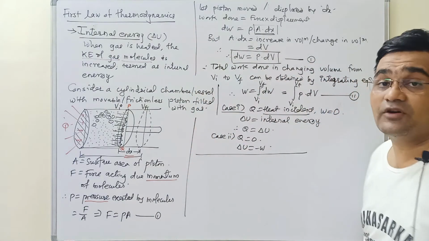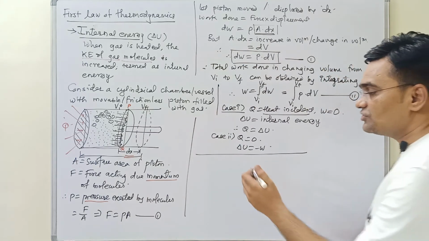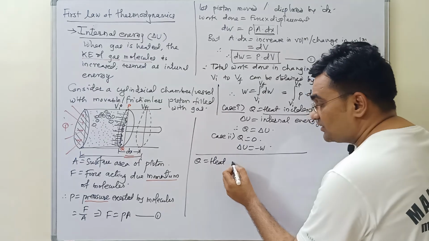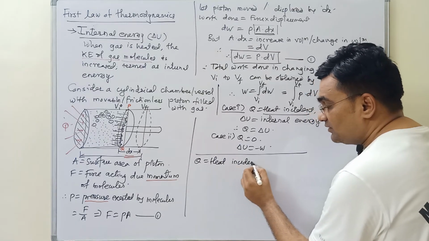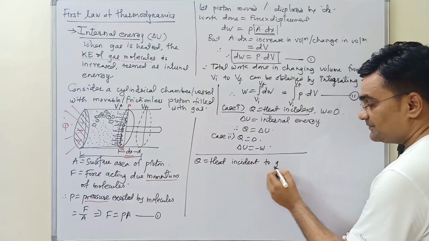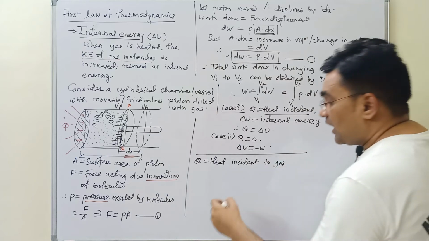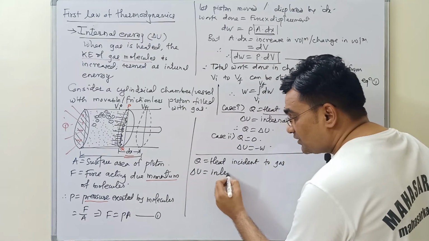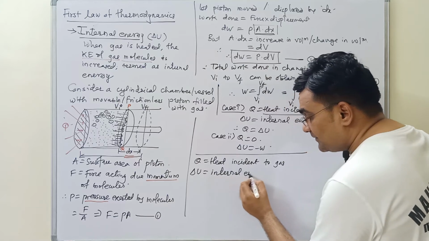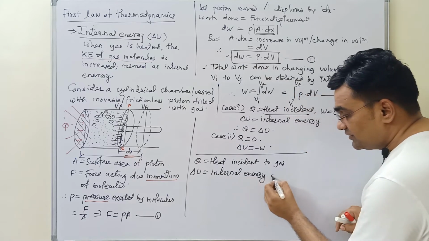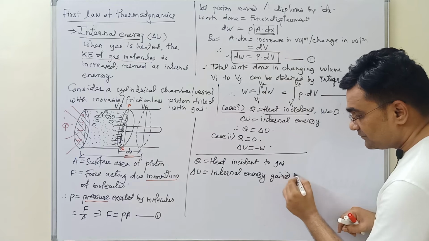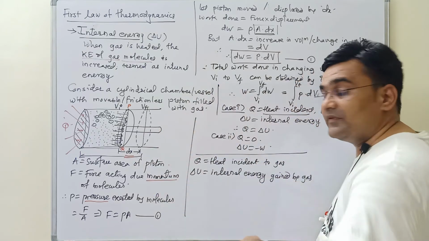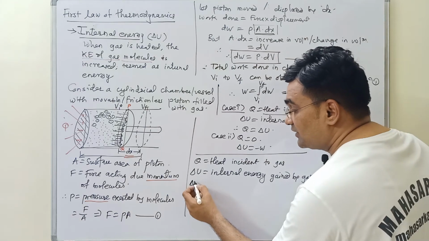So if I use this logical statement to explain one important thing, we are now going to start with the first law of thermodynamics. In very short, if Q is the heat given to the substance, heat incident or heat given to the gas, out of that heat, say delta U is the internal energy gained by the gas, and after gaining enough internal energy, some amount of work is also done.